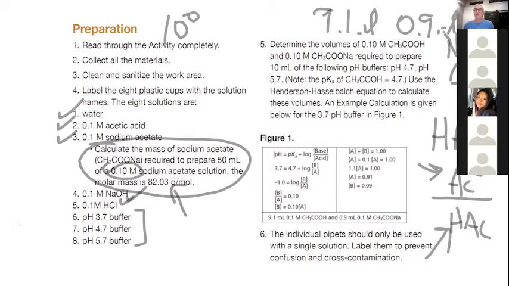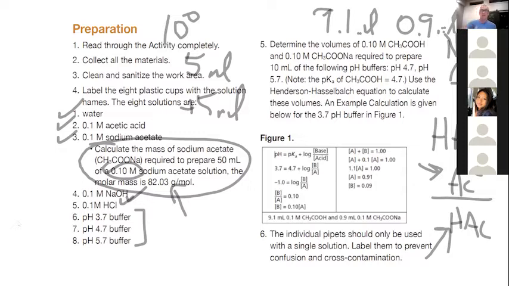So that means the ratio of acetate to acetic acid needs to be 1. So in other words, they have to have the same concentration. So if we're making 10 mils, that would just be 5 mils of one and 5 mils of the other, because they're equal concentrations.